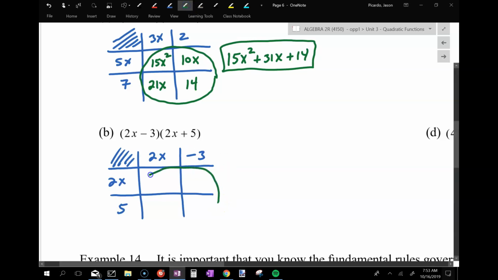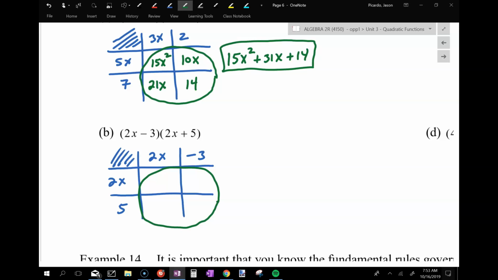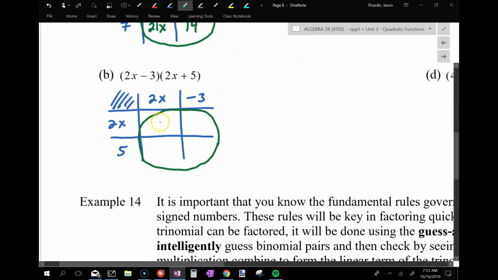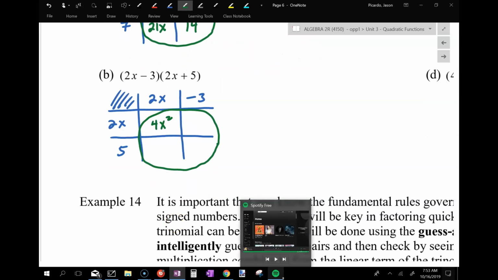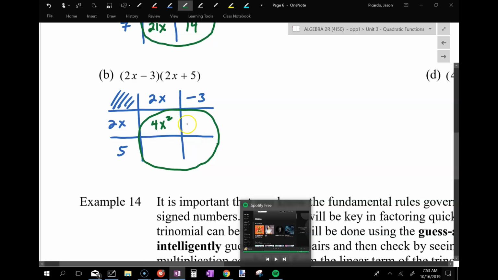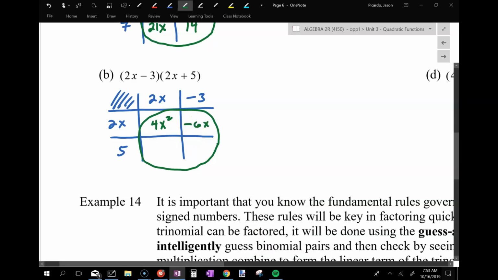And again, my solution is going to be in the circle. 2x times 2x, 4x squared, good. 2x times negative 3, negative 6x. 2x times 5, and 5 times negative 3, negative 15, good.